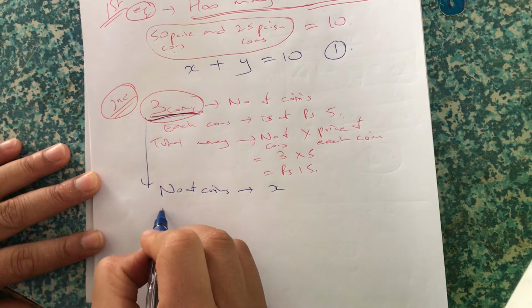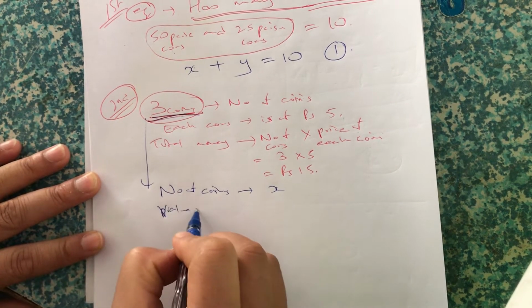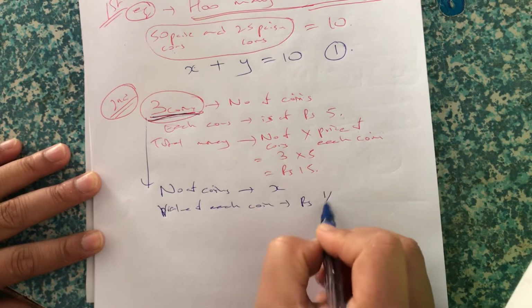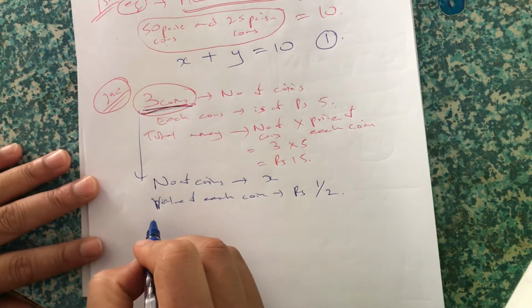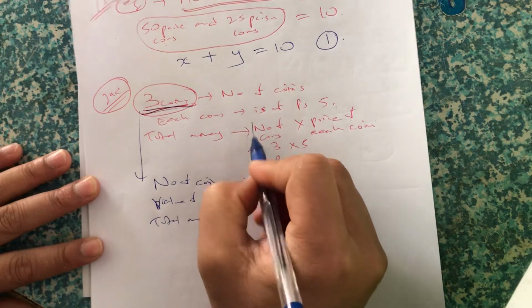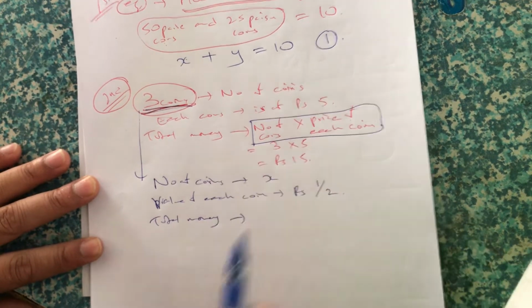And then if I say the value of each coin is rupees half, what is the total money that I have? Obviously the same formula: number of coins into the price of each coin.